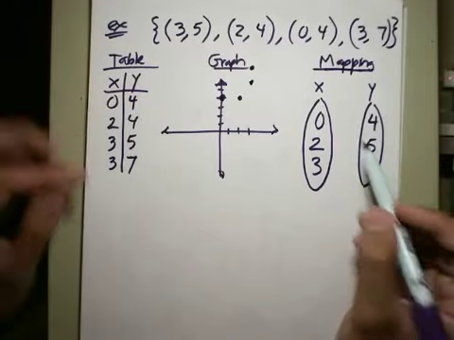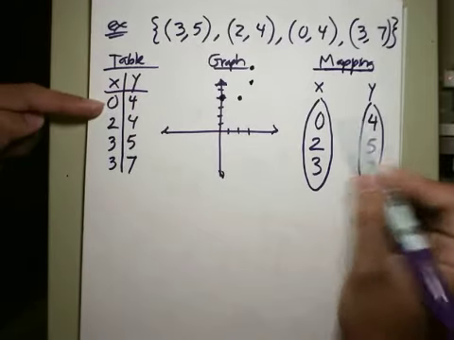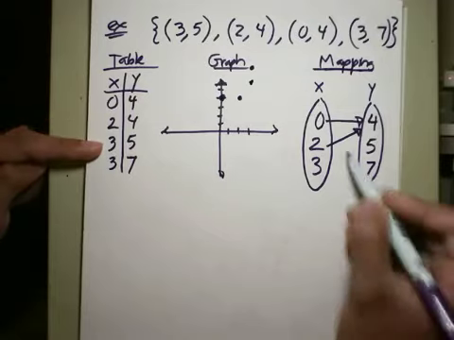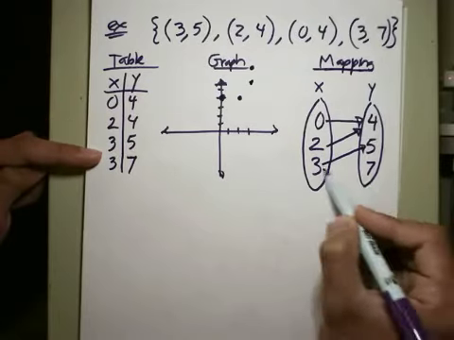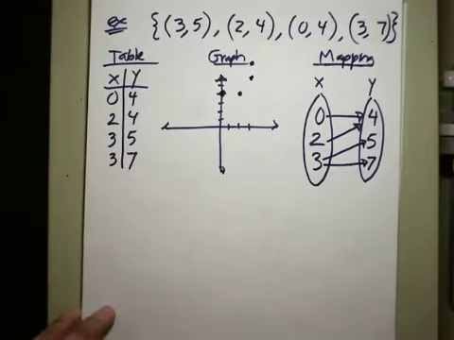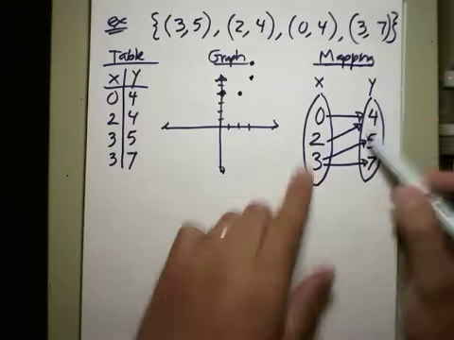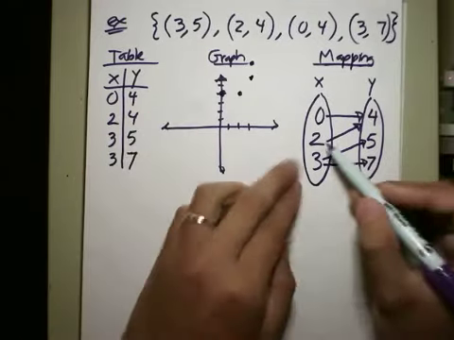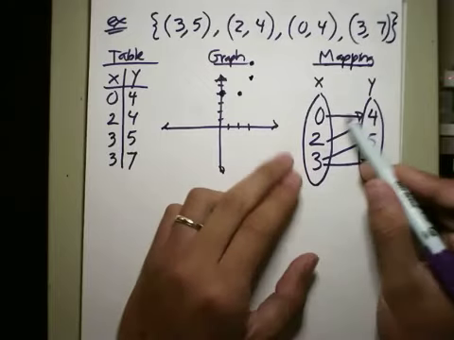So here we go. Let's go back and do a mapping. I know we have a 0 to 4, so I'm drawing an arrow, 0 to 4. I have a 2 to 4, so notice that there's an arrow from 2 to 4, 3 to 5, and a 3 to 7. That's how you do a mapping diagram. It's very straightforward and easy. All that I need to remind you of is, when you have an element in your relation that appears more than one time, you only need to represent it one time in your mapping.